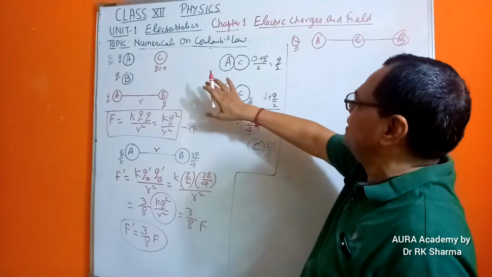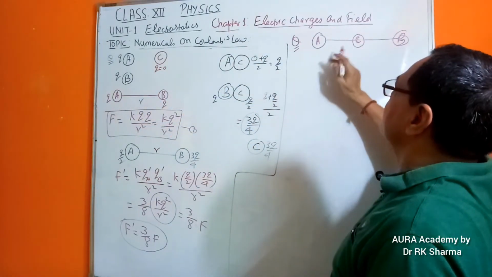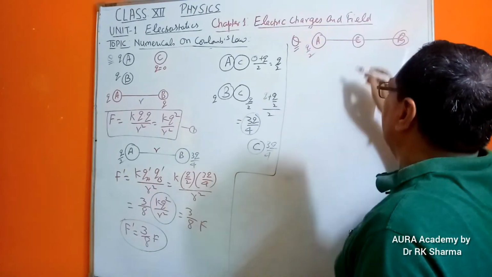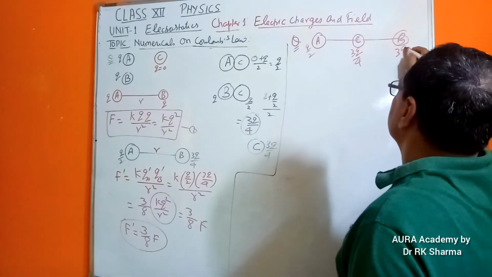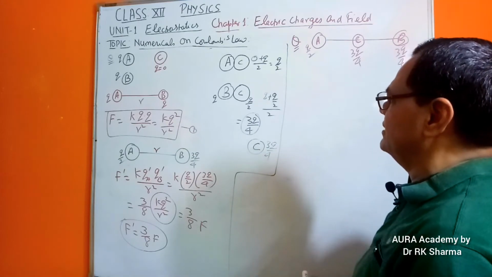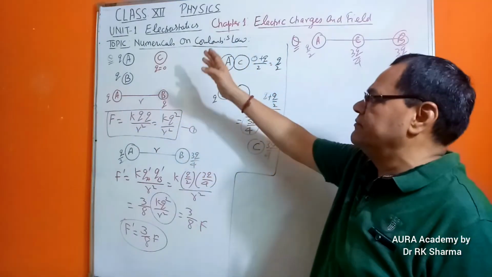Or you can simply say, when we touch with A and touch with B, then place. So after touching, the charge on this was q by 2, and the charge here is 3q by 4. Charge here is 3q by 4. So I am taking this final condition basically, when the uncharged C was touched with A, then touched with B.